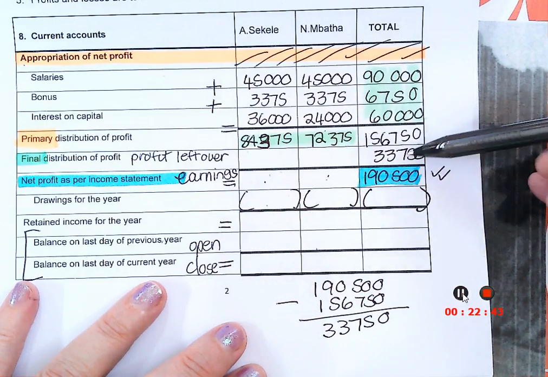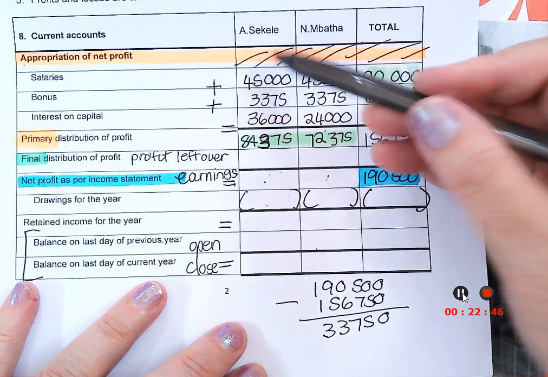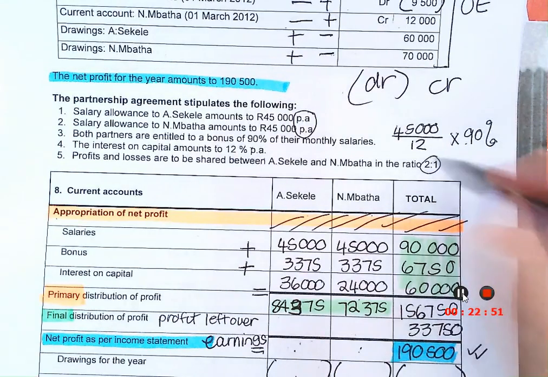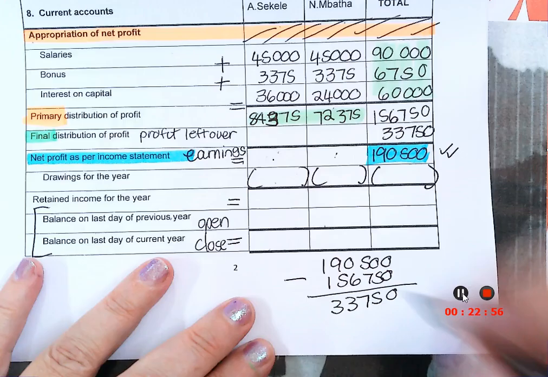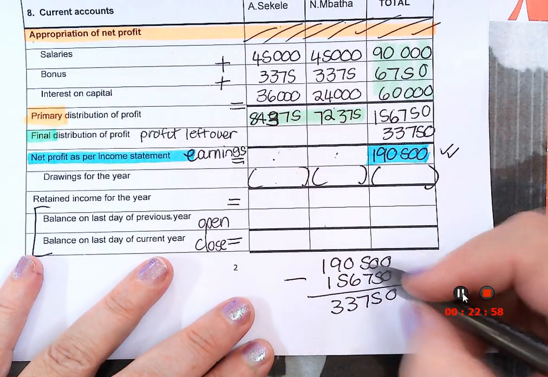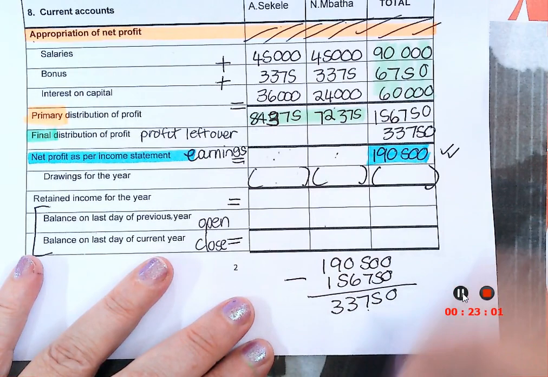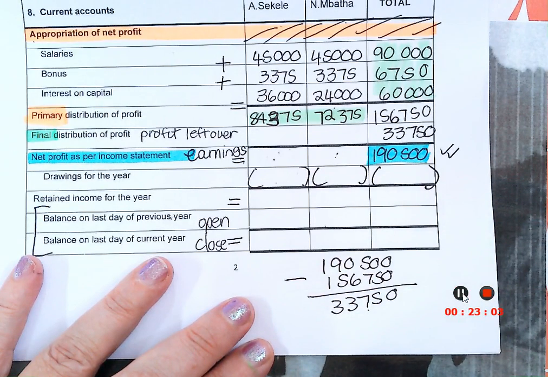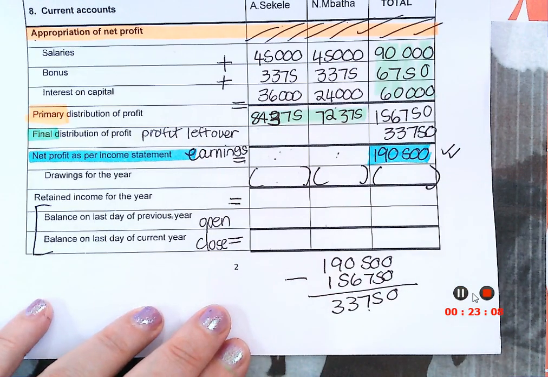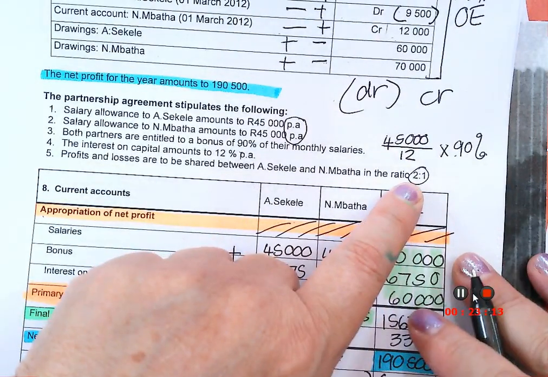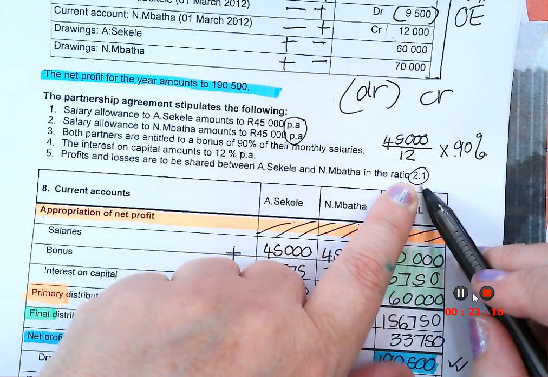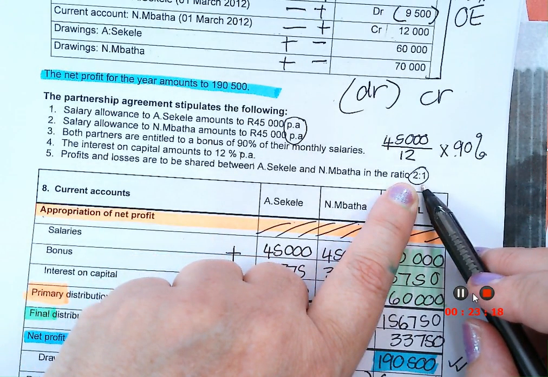How am I going to distribute it between the two partners? And here they say in the ratio 2 to 1. Now, if they say he gets 2 pieces and he gets 1 piece, how many pieces are there? 3 pieces.